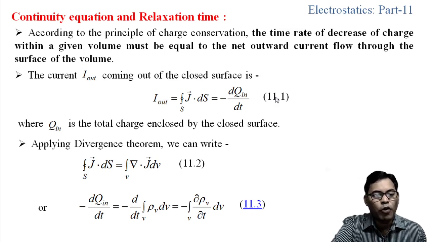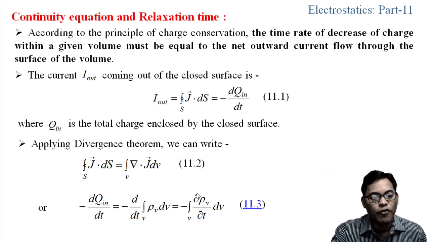Before combining these two expressions, 11.1 and 11.2, let us understand what this d/dt of Q in is. Minus d/dt of Q in equals minus d/dt of the volume integral of rho v dv, since the enclosed charge can be calculated as rho v dv. So we get expression 11.3, that is minus the volume integral of partial derivative with respect to t of rho v dv.